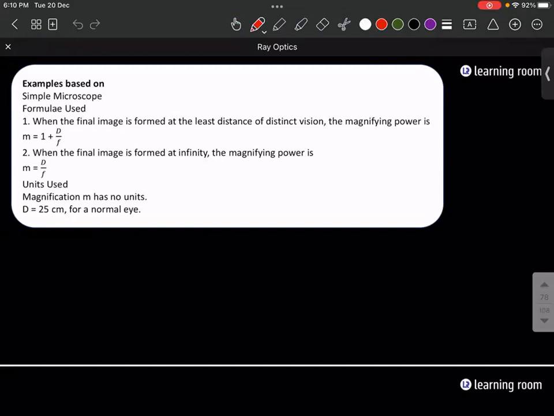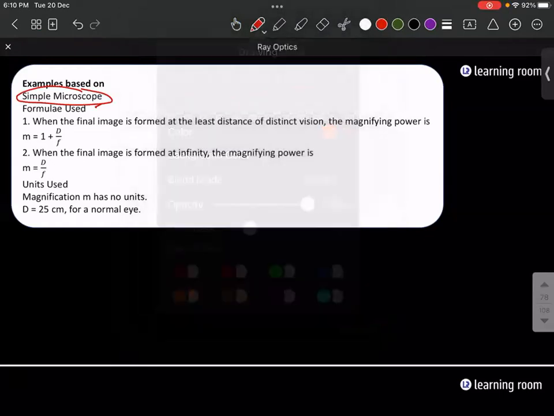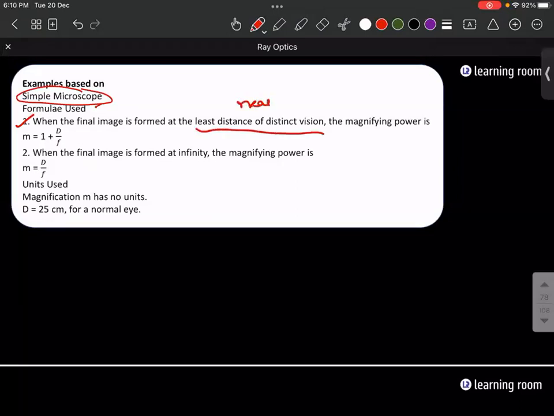Yes, sir. Okay, so we'll get started with the simple microscope, right? For every optical instrument, we have two formulae for magnification. One is when the image is formed at the least distance of distinct vision, or near point, and the second is when it is formed at infinity, which is the far point.